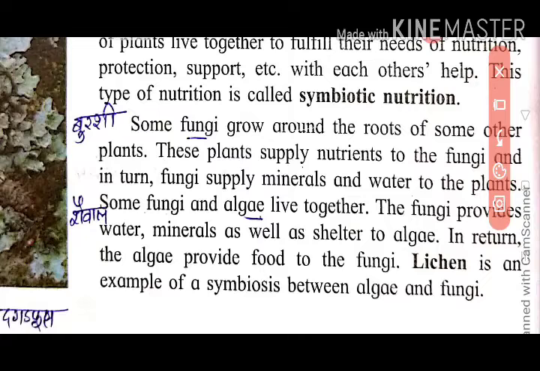And in the second, fungi and algae live together. Fungi burshi, algae shaiwal. You know, algae produce their own food. They are green, and they also produce their own food by the photosynthesis process.